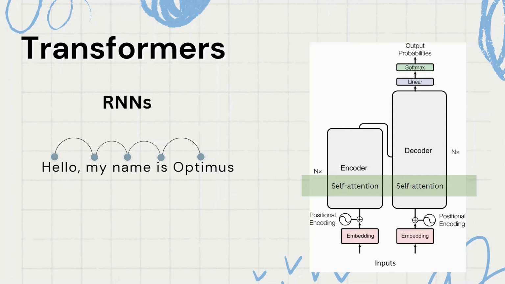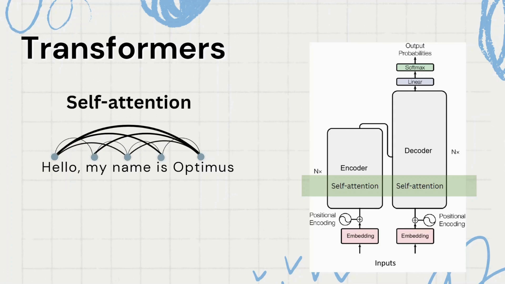In RNNs, every word is predicted based on the previous word in the sentence, and that is how these words are related to each other sequentially. But after transformers arrived, everything changed with this self-attention behavior. In self-attention, every word is related to or attended by every other word in the sentence. The self-attention got its name because the same sequence is referred to which is being encoded by the model.